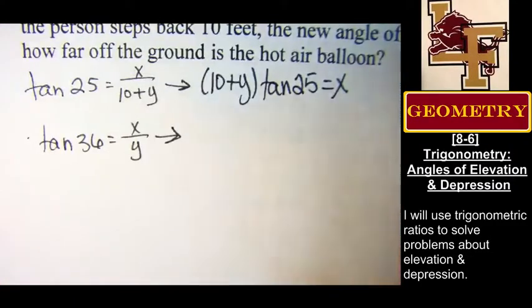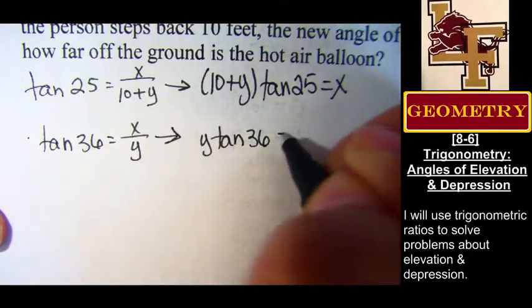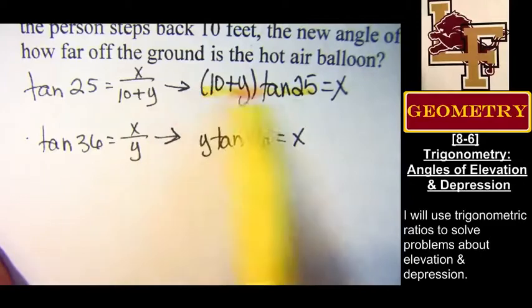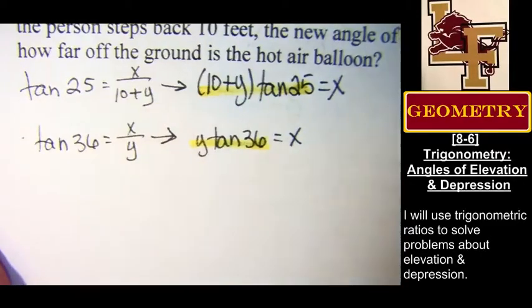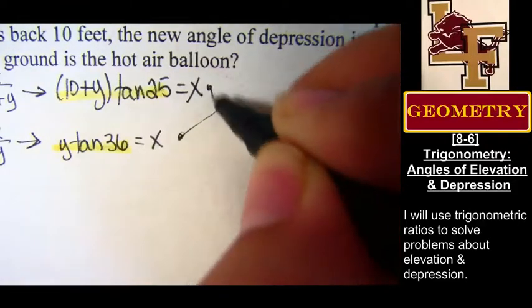And when I do that, it turns them into stuff equals x. We're all right with that? Okay. This equals x, this equals x. I can set them equal to each other.